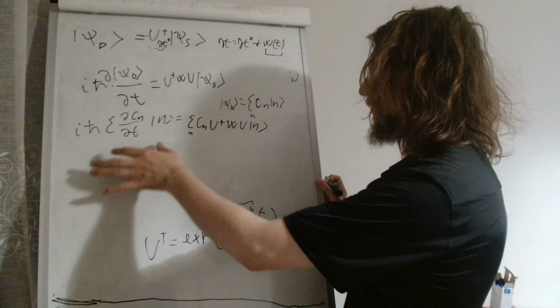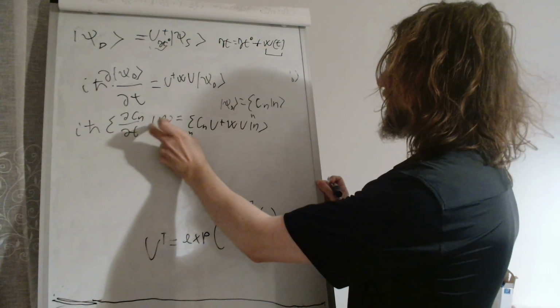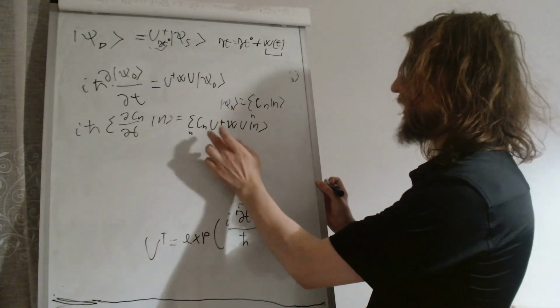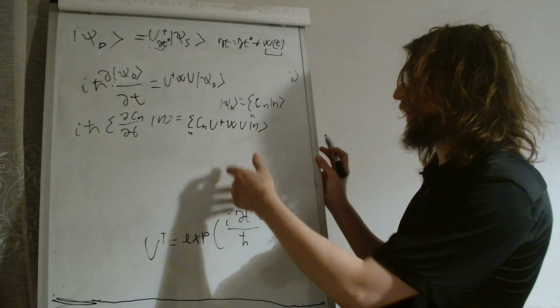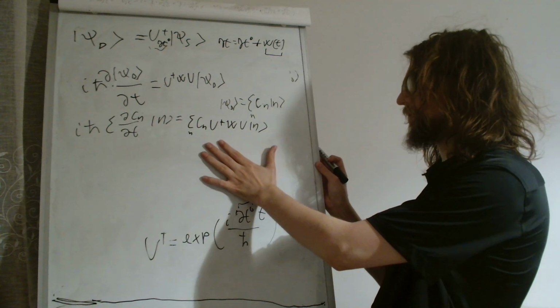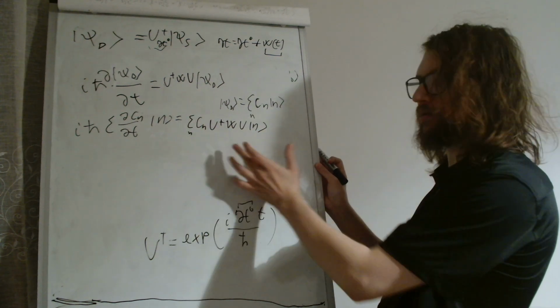Now on the left hand side I have an expansion in terms of |n>. Here I have an expansion in terms of U dagger W U |n>. I want to obtain an expansion in terms of |n> also here.